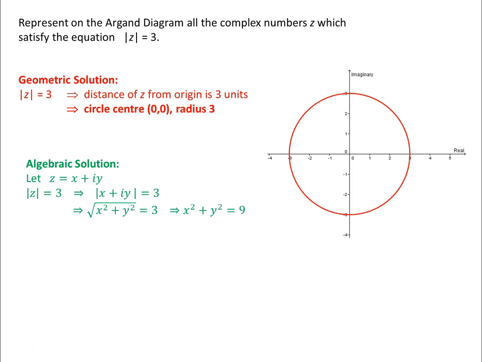Square each side, and x squared plus y squared must equal 9, which is the equation of a circle with centre 0, 0 and radius 3. Now in this case, I think the geometric solution is much neater, much quicker than the algebraic solution. We will find later on that sometimes we have to use the algebraic solution because the geometric solution is nowhere near as simple.